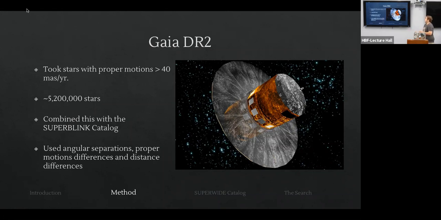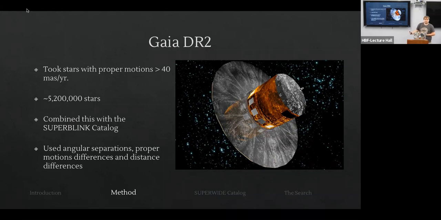So we take these stars, we get roughly 5 million. We combine this with the SUPERWIDE catalog because Gaia has this issue with high proper motion stars itself, where it misses some of them. And also, if Gaia thinks something is a binary, or it sees a double-line spectroscopic binary, it doesn't include any information on it in the catalog.